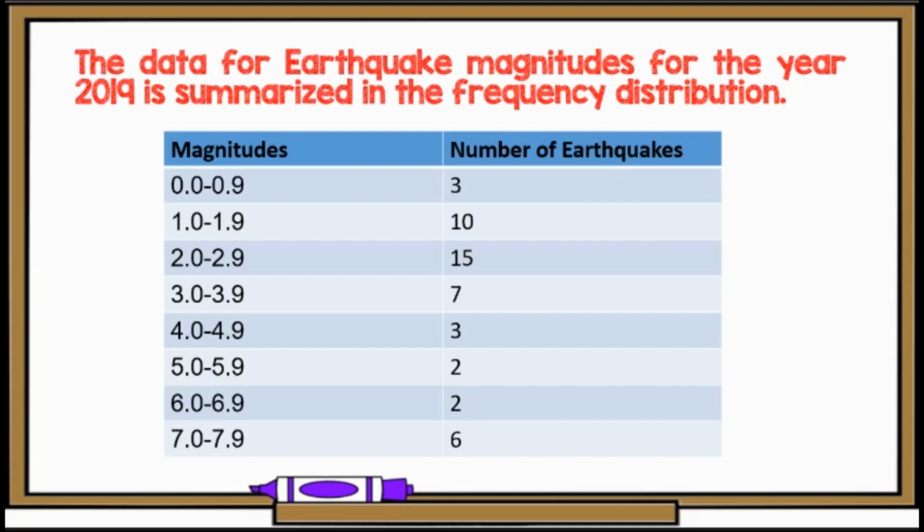Magnitudes 1.0 to 1.9, nagkaroon tayo ng 10 recorded earthquakes. 2.0 to 2.9, we have 15, and so on, until you reach the class 7.0 to 7.9. Again, these are the classes, and then these are the frequencies or the number of occurrence or count. Okay?